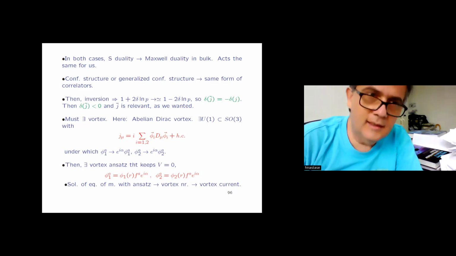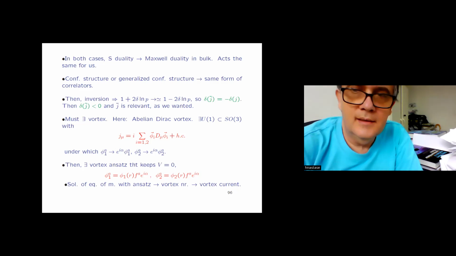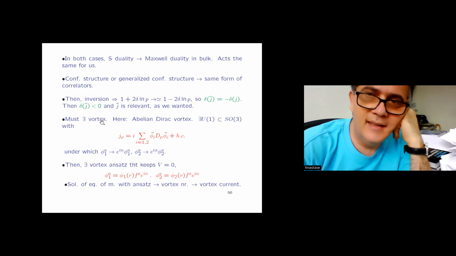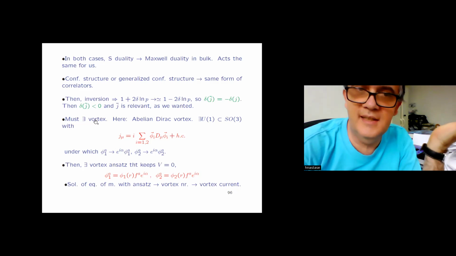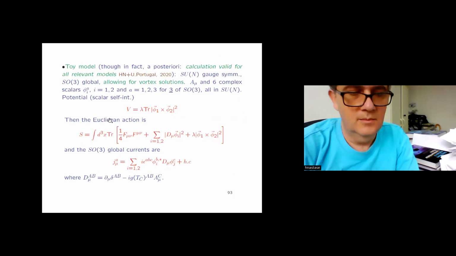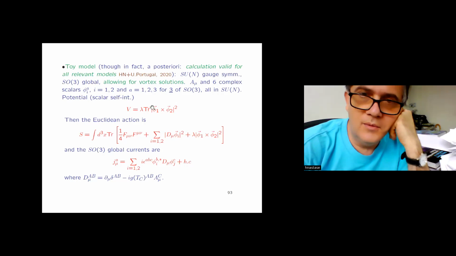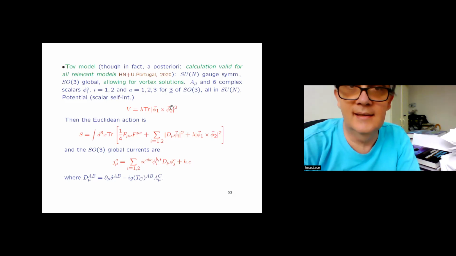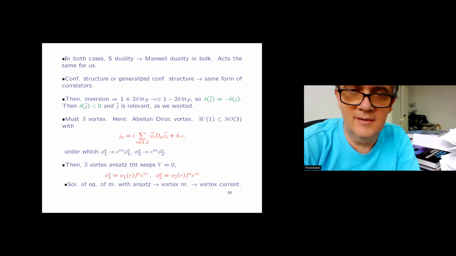The only extra thing that one needs to check is that the theory actually has a vortex solution. So we've considered some toy model, written here with this potential. We have to check that this has this, well, Dirac vortex, not normal vortex, but Dirac vortex solution.